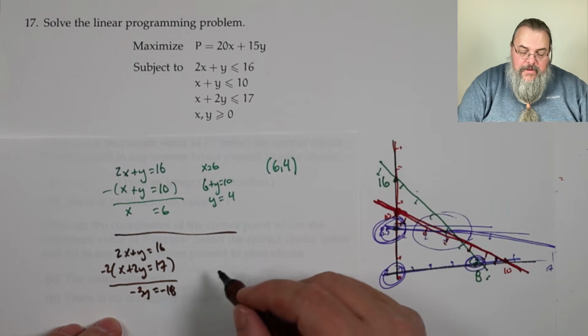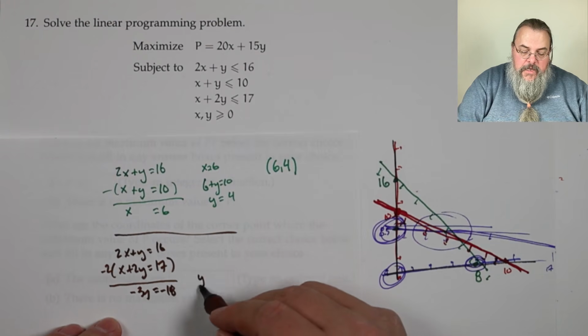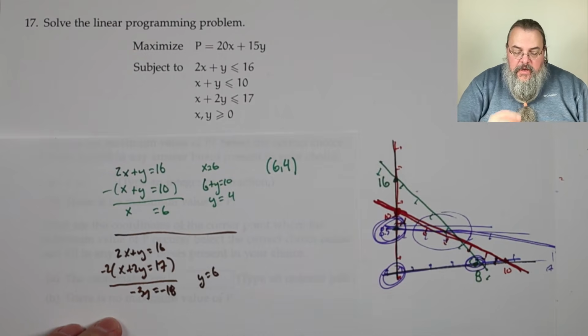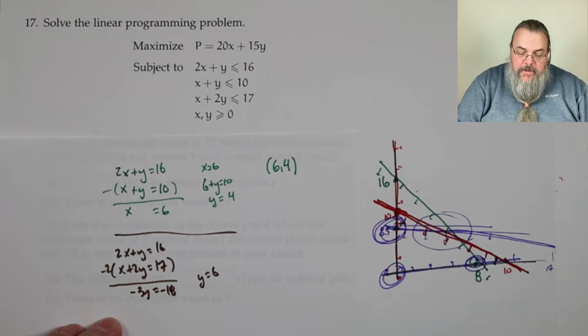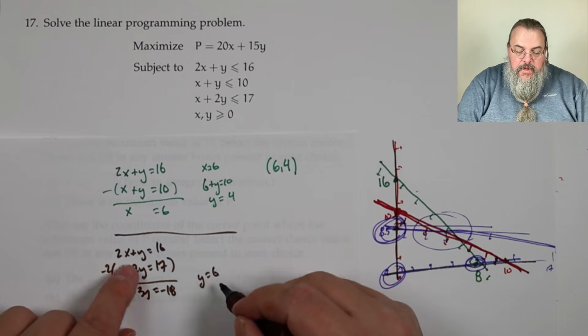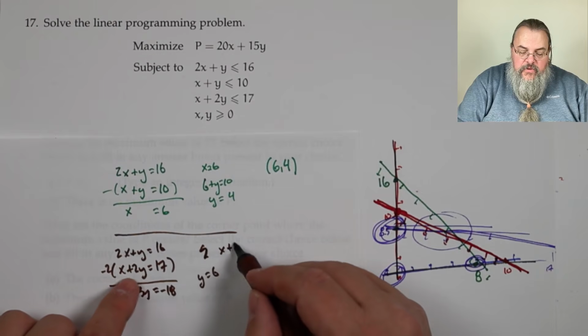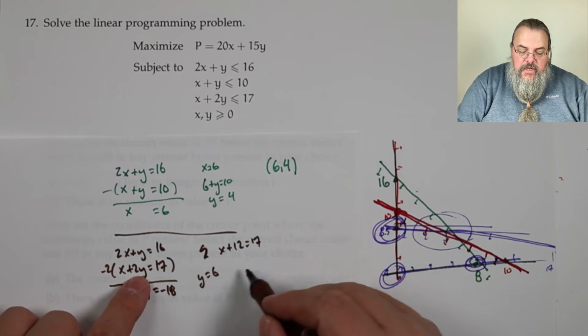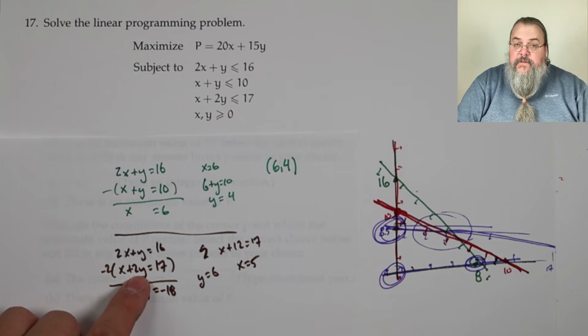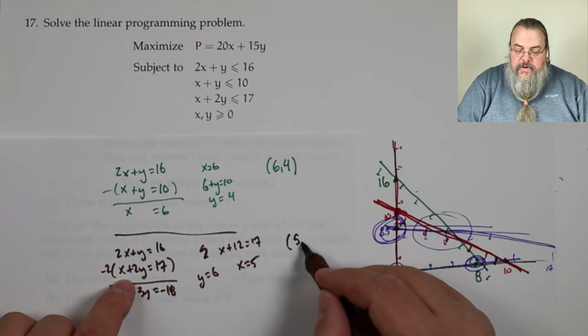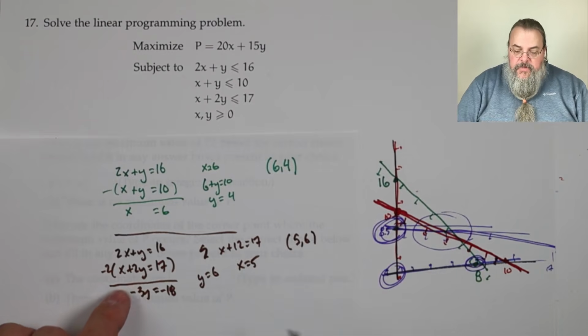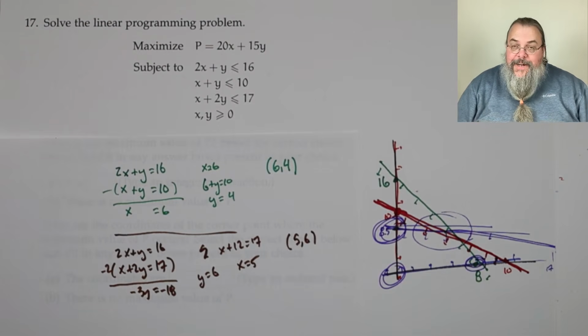So that tells us that y equals 6. Now that we know y equals 6, we plug in: x plus 12 equals 17, so x equals 5. And so this is at the point 5, 6. All right, that's another candidate.